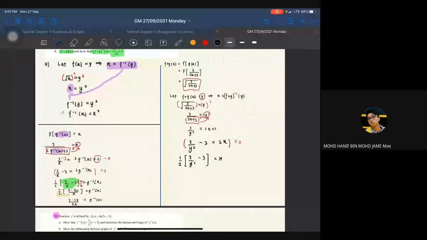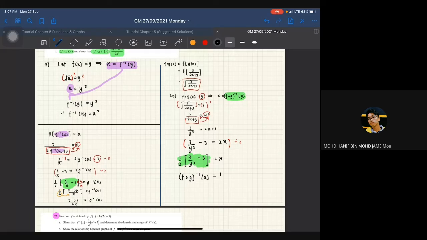Alright, so sekarang kita dah dapat X sebagai subjek. So X ni dia adalah actually equal to this one. Okay, so this is your f of g inverse. Okay, so saya gantikan sahaja. So you are going to have f of g inverse x is equal to, dia adalah y sebenarnya, 1/2, 3/y square minus 3.